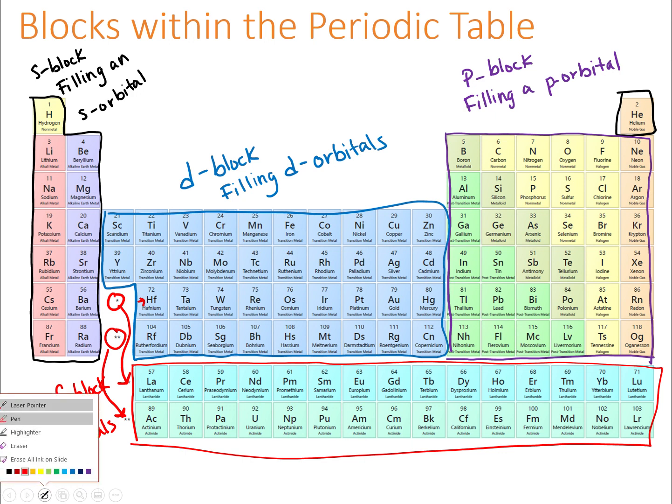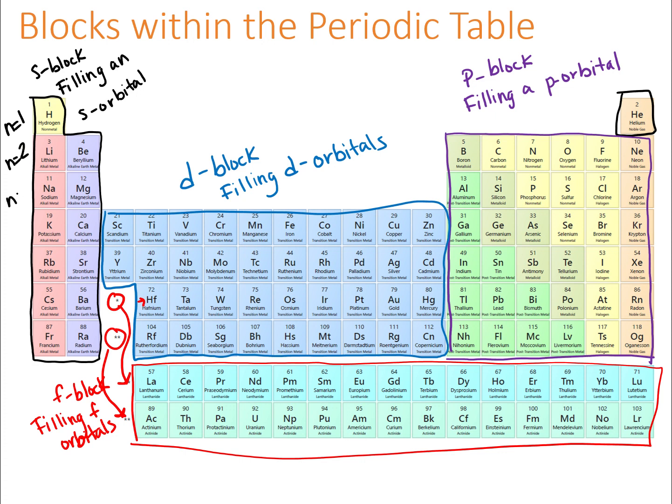The last piece that I'm going to add to this table is the different energy levels. There are 7 rows on the periodic table. Each of those rows stands for an energy level.